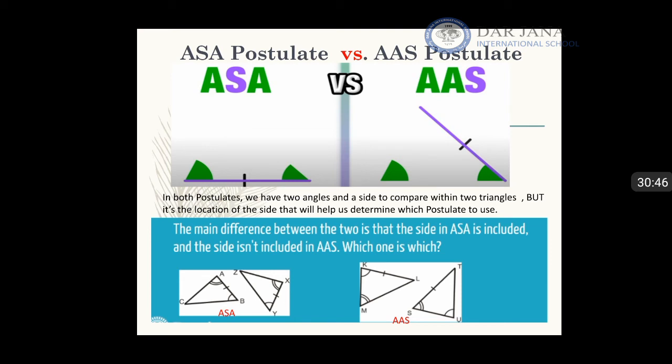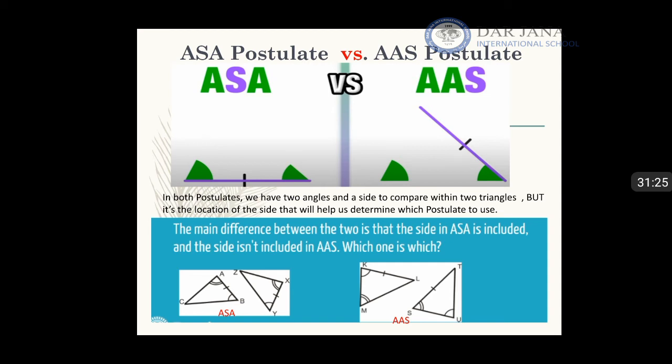So let's figure out where we are using the angle, side, angle postulate and where we are using the angle, side postulate. So in triangle ABC, and in triangle ZYX, we have angle A congruent to angle X, angle B congruent to angle Y. Not only that, we have the side AB, which is the side included within angle A and angle B, congruent to the side XY, which is the side included within angle X and angle Y. So we have two angles and the included side.